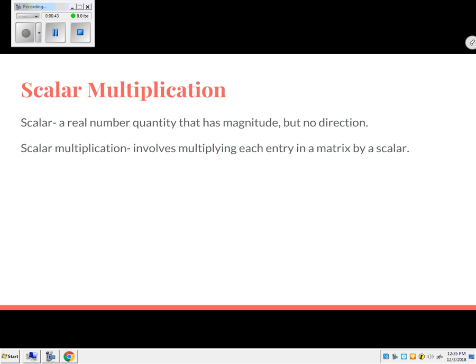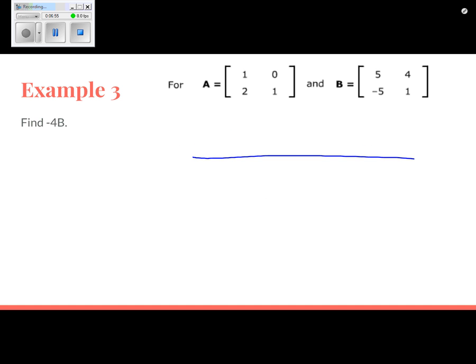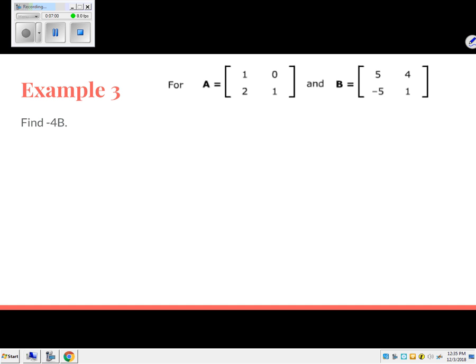And so whenever I'm looking to multiply by a scalar, I'm just going to multiply each entry in the matrix by the scalar. So it looks a little bit distributive whenever I do this. If I'm looking at finding -4b, it's going to be -4 times, in one of those rare instances where I actually bring down b, so I can illustrate what's going on here.